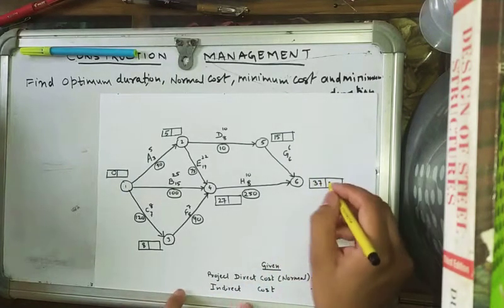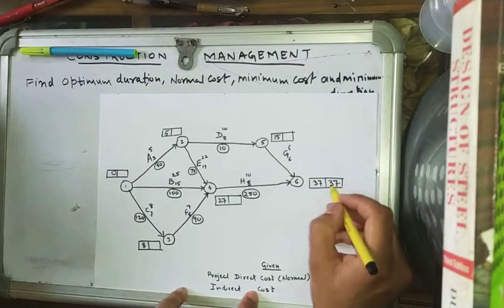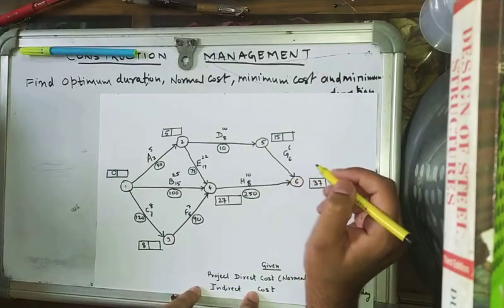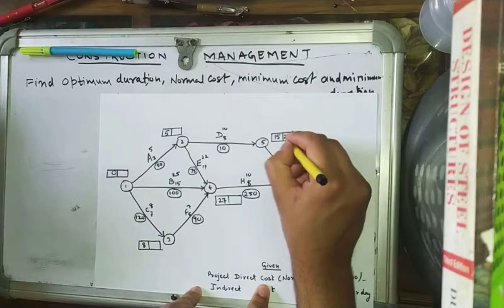We'll also calculate the LOT values quickly. 37 minus 6 is 31.